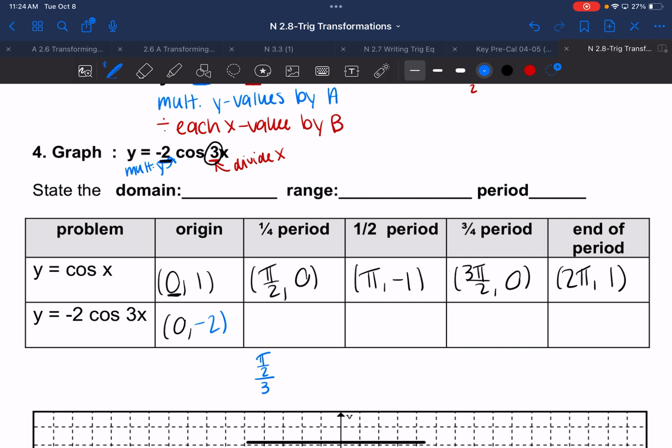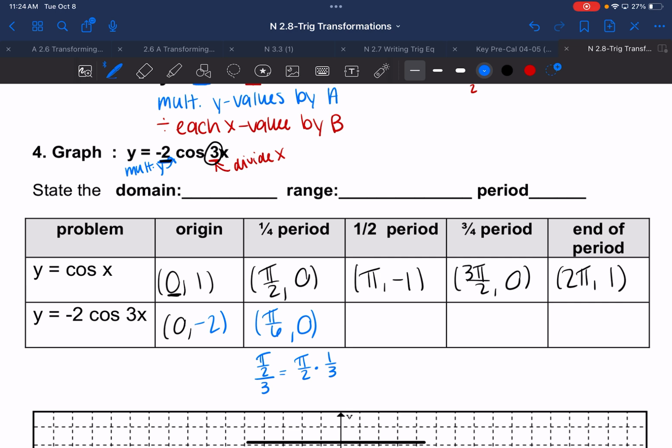It would be pi over 6, because we have to flip the 3 over when we multiply. So pi over 6. For my y value, now I've got a 0. 0 times anything is still just 0, so that'll stay 0.